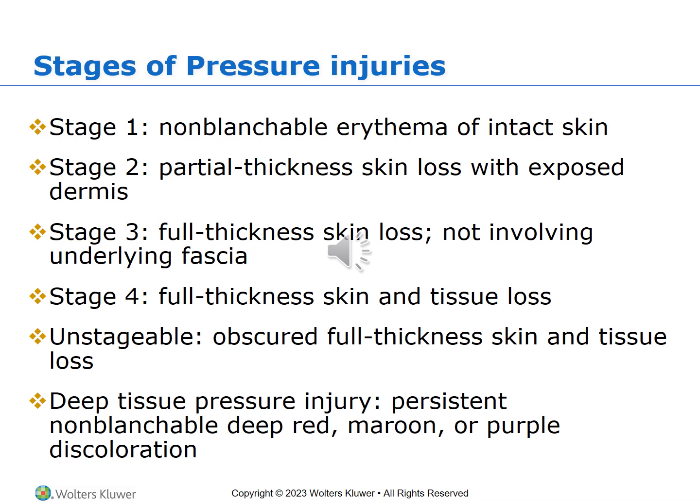For an unstaged wound, there is obscured full thickness skin and tissue loss. The extent of the tissue damage within the ulcer cannot be confirmed because it is obscured by slough or eschar.